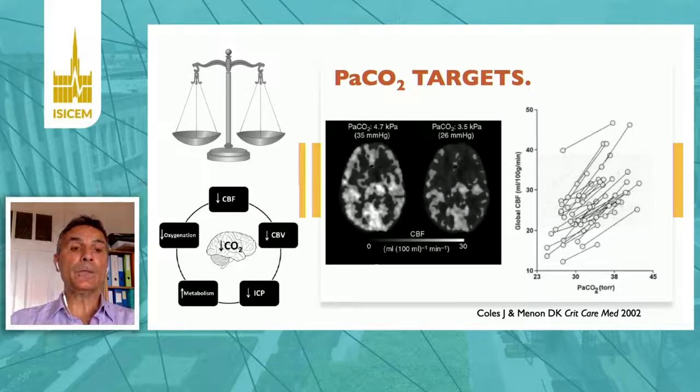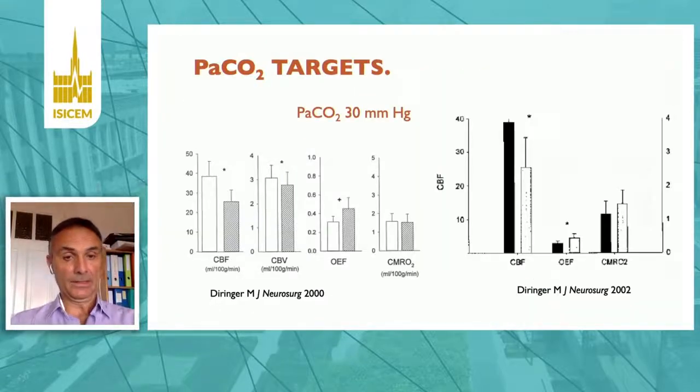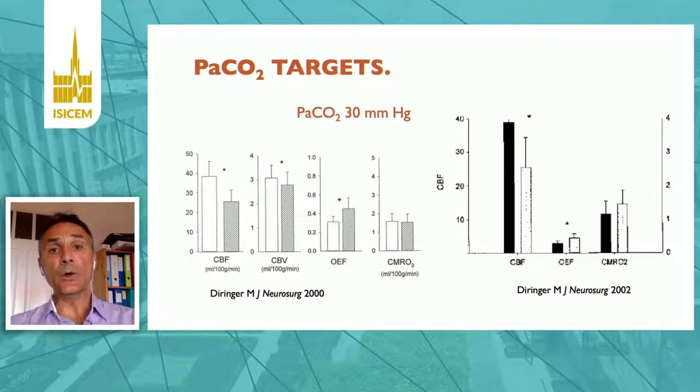But the problem here is that with vasoconstriction, the risk is that if you reduce too much, and if you go below 30, so from 35 to 25, well, the risk of true ischemia is relatively high. So obviously, based on this study, you don't want to have an aggressive intervention, so aggressive hyperventilation, defined as a PCO2 below 25.